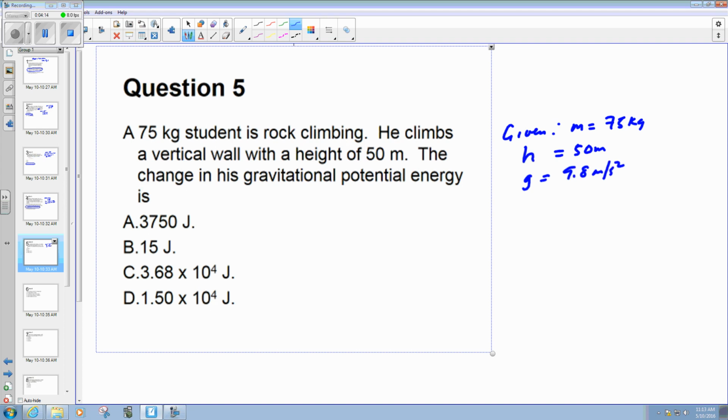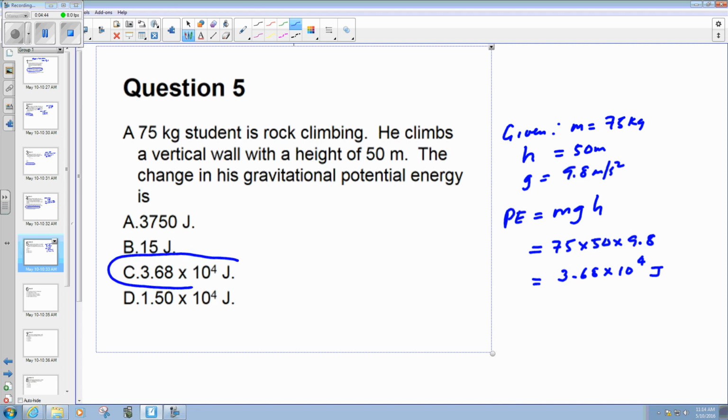Therefore, the gravitational potential energy, which leads to the change here, is simply equal to mgh. So if we put in the values, we'll have 75 times 50 times 9.8. I've left out the units, and the answer here will end up to be 3.68 times 10 to the power 4 joules. And so the correct answer is C.